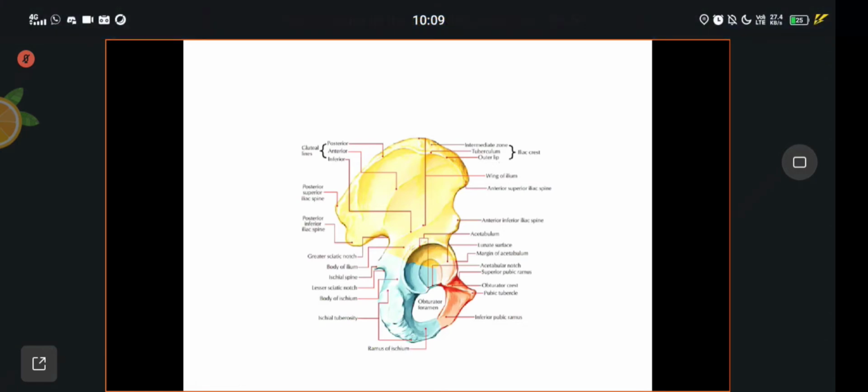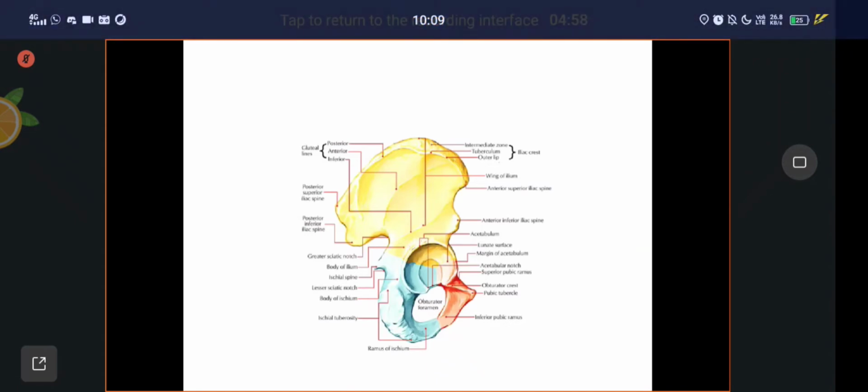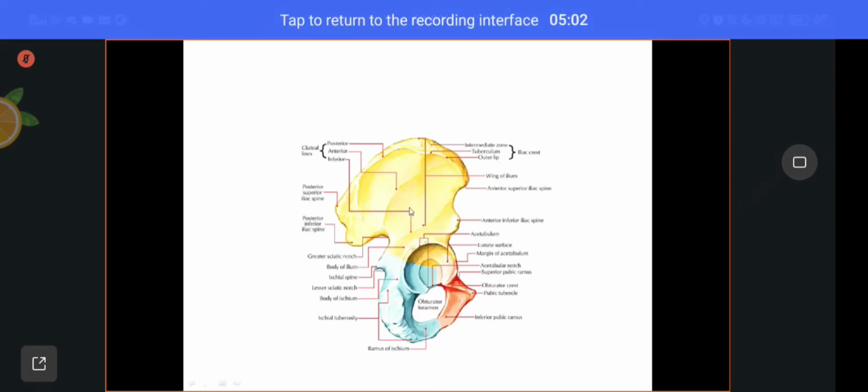Now we will study the ilium. We already know the three parts: ilium, ischium, and pubis, and first we are going to study the ilium. It is a fan-shaped bone.